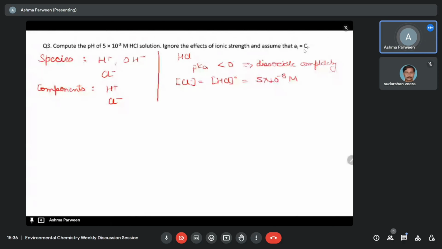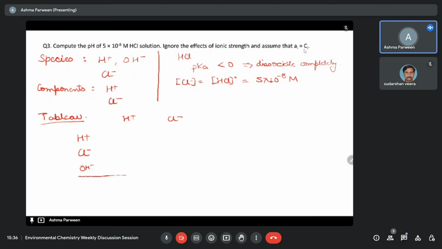Now we will form the tableau. Here we will write the components, which are H plus and Cl minus. In the vertical column we will write the species. We have H plus, Cl minus and OH minus as the species.